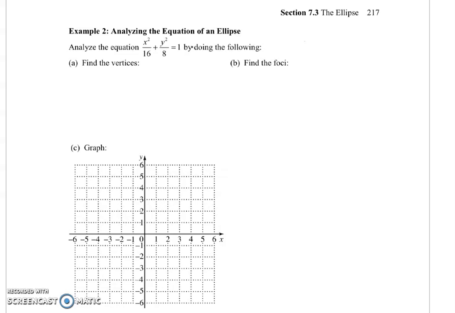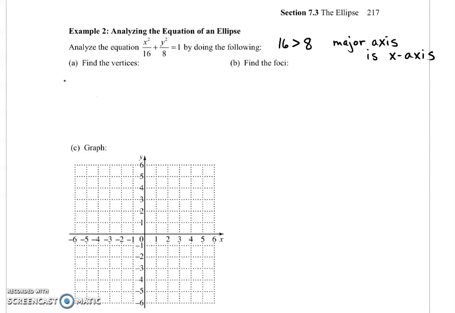So we know then that since 16 is bigger than 8, that the major axis is the x-axis. And that's because the 16 is under the x.